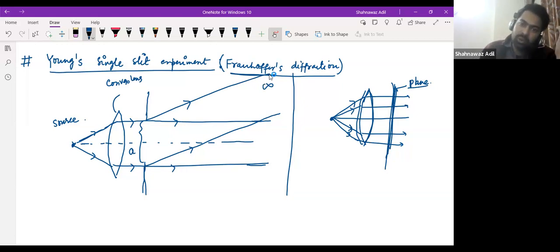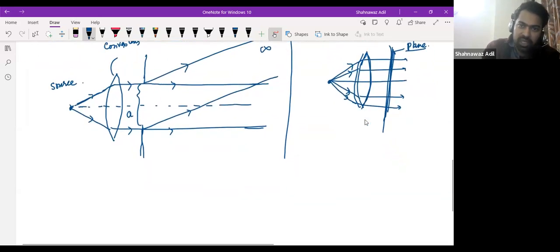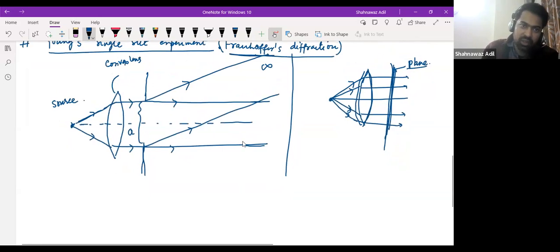I want to make these rays converge at the screen, so I will put again a converging lens in this position. Clear, guys? Let me draw the diagram again because this will need some space.